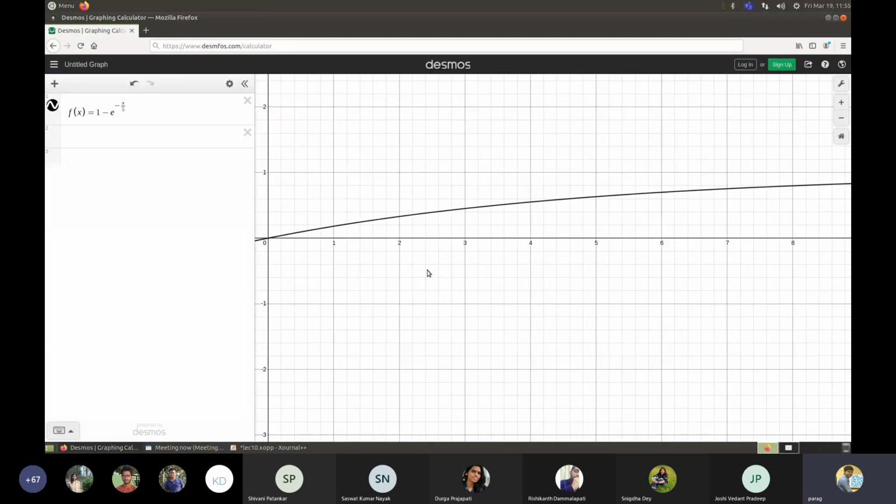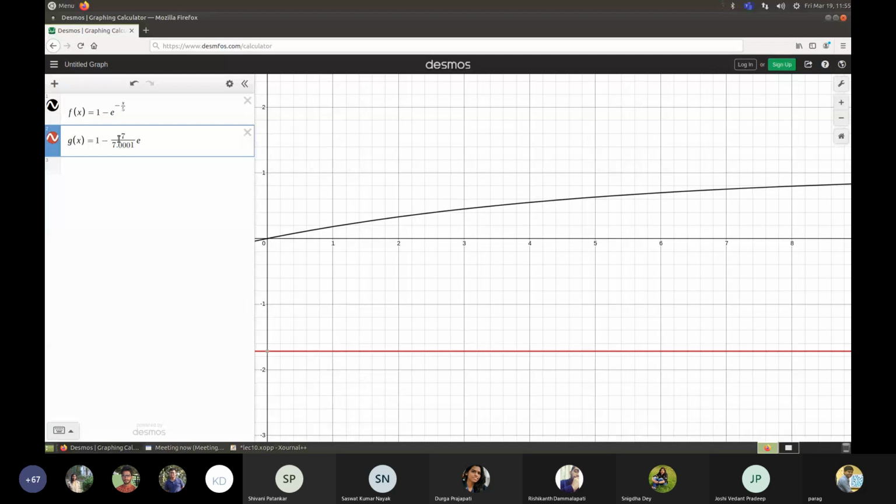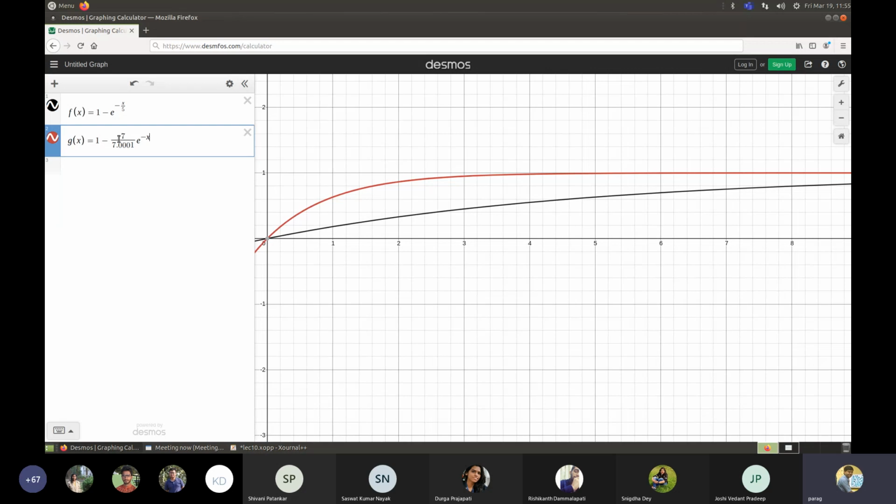Fine. Then let's see what happens to G of x. G of x was 1 minus 7 divided by 7.0001 times e to the power minus x by 5.